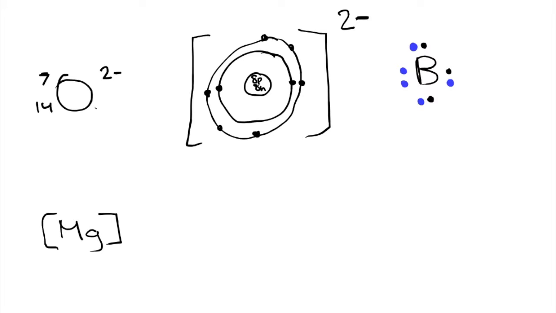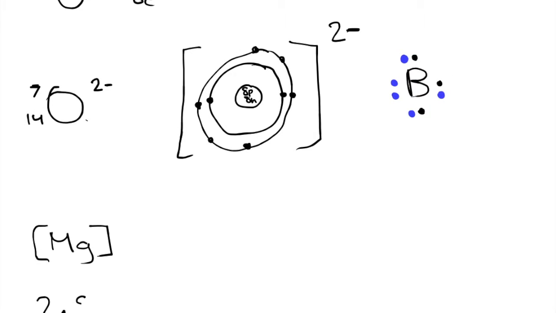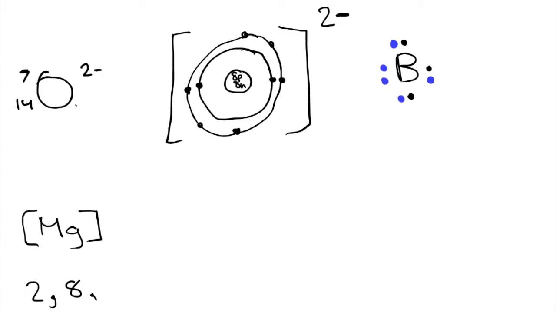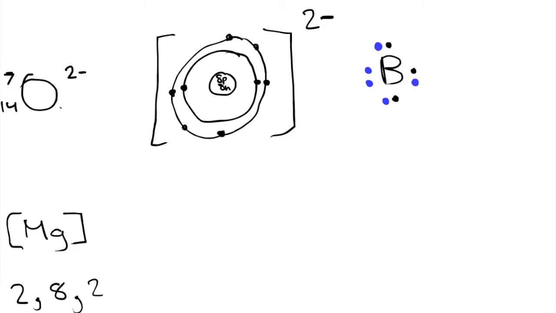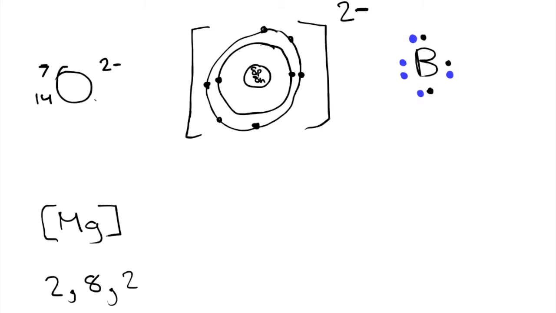Magnesium has an atomic number of 12, so the shells should look like 2 in the first shell, 8 in the second shell, and followed by 2 in the last shell. Again, for magnesium, it is a lot easier to lose 2 electrons than it is to gain 6 electrons. So magnesium's outer shell would look like 2 plus, because the outer shell now has 0 electrons.